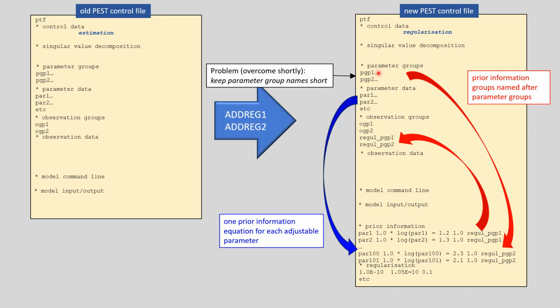If two parameter group names have the same first 6 characters, their names, once you prefix REGUL underscore, become the same, and you've lost one of those observation groups just because of truncation of its name. So this can be a little bit inconvenient, and if you use ADDREG1 or ADDREG2, try to keep parameter group names down to 6 characters or less. We'll show another option shortly.